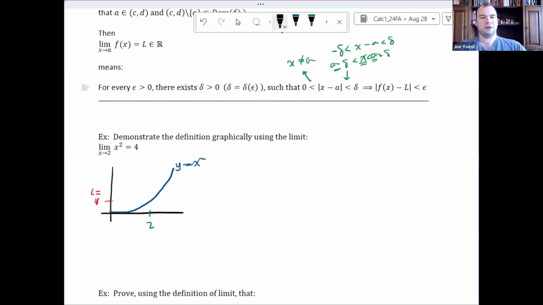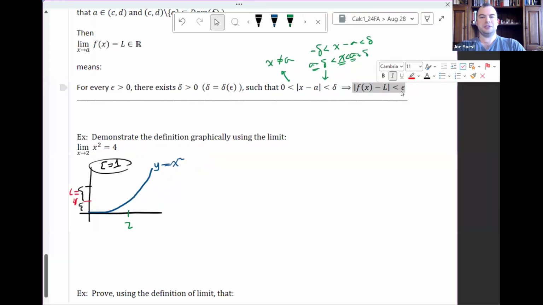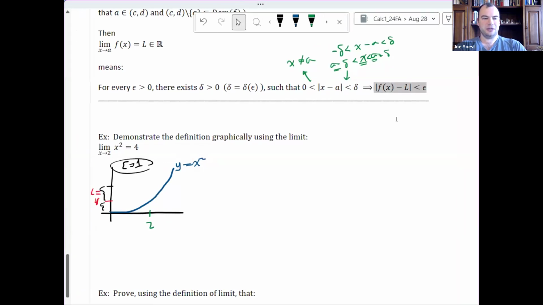Now up here, I'm saying for every epsilon bigger than 0, so let me pick an epsilon. Maybe I'll start with an epsilon equal 1. What purpose is this epsilon serving? It's telling me how close my outputs have to stay to my limit.